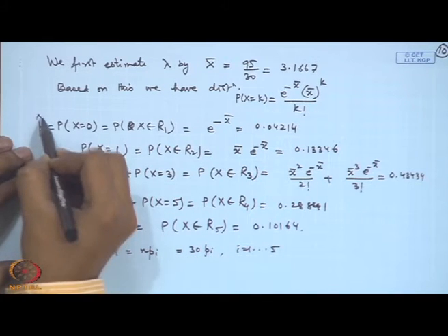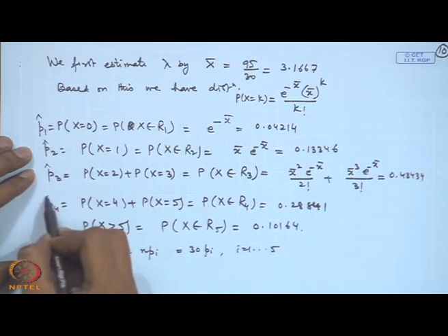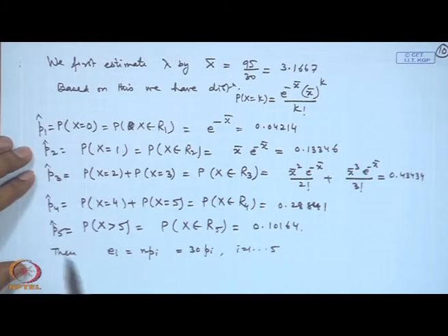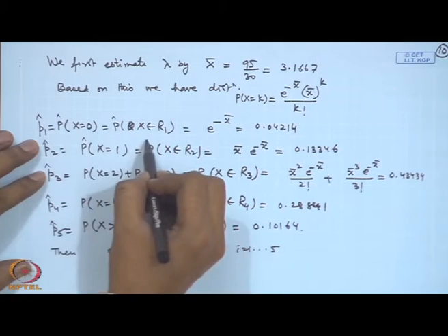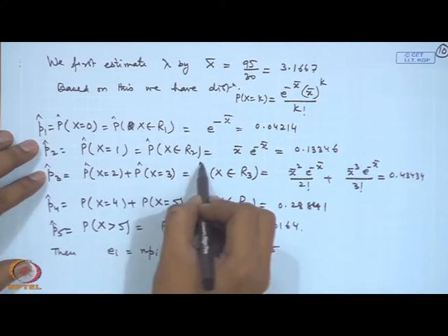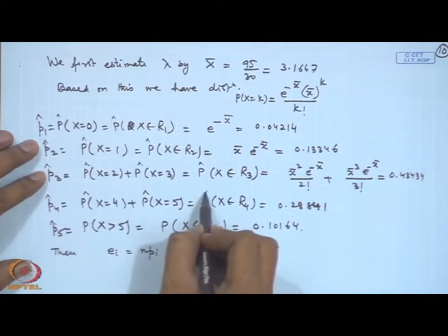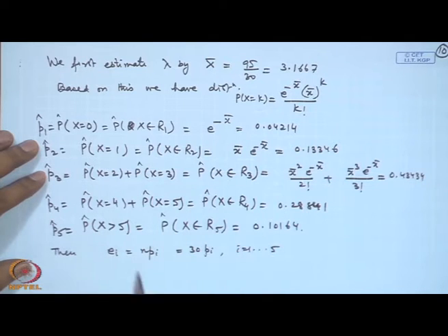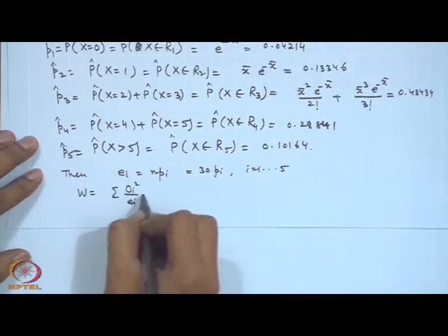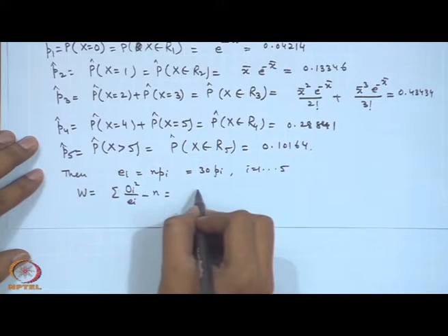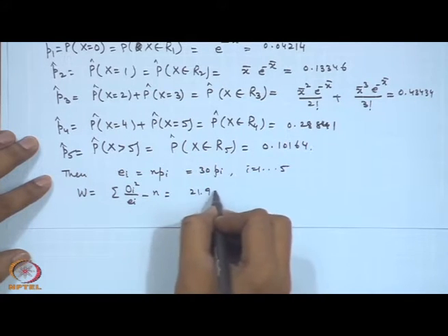I can call these P 1 head, P 2 head, P 3 head, P 4 head, because these are the estimates of the probabilities of these regions. So, we calculate W, that will be equal to sigma O I square by E I minus n, that is equal to 21.99.